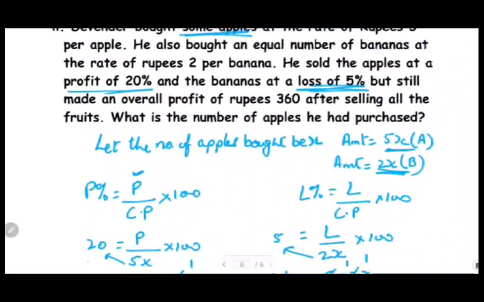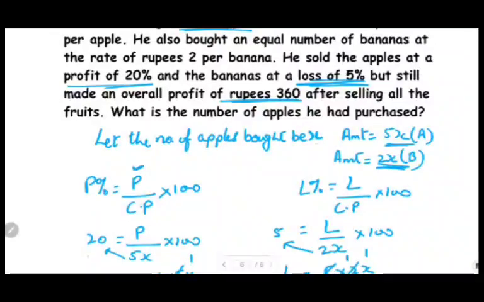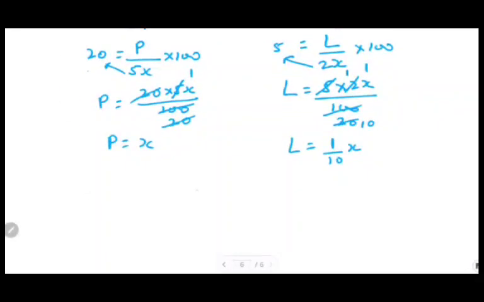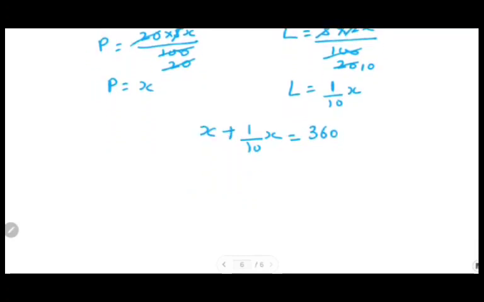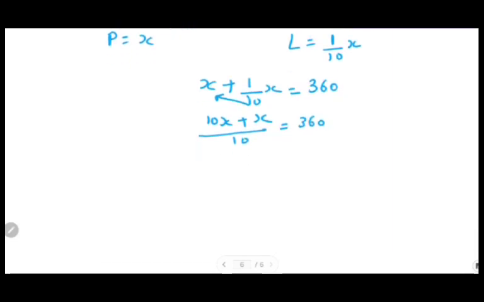Overall, he still made a net profit of 360 rupees. So profit plus the loss, he made a profit of 360 rupees.